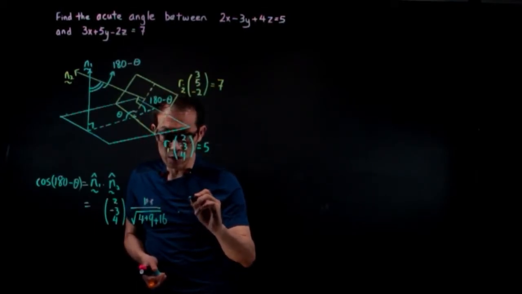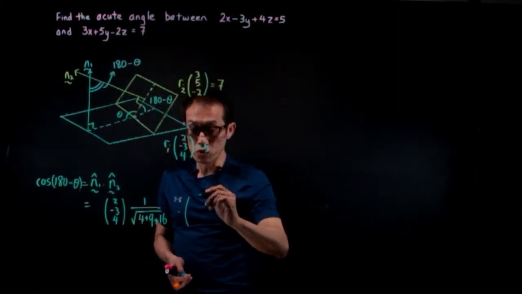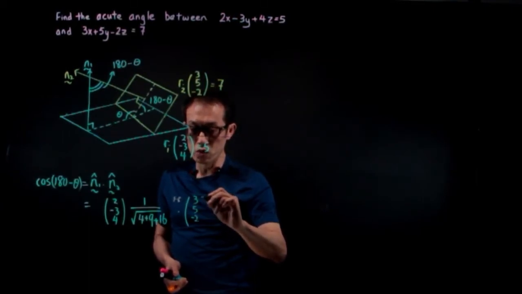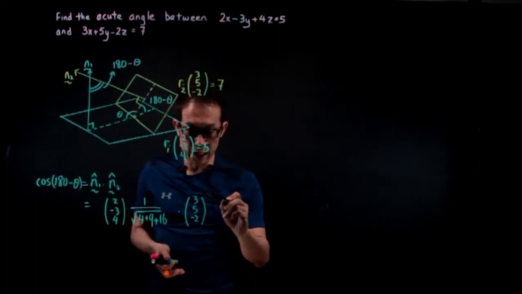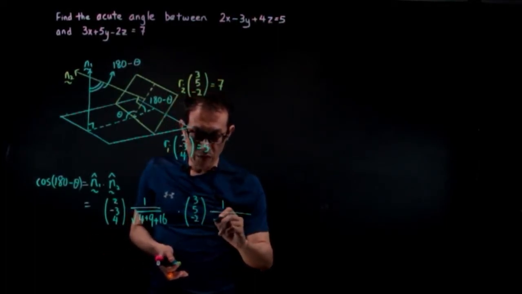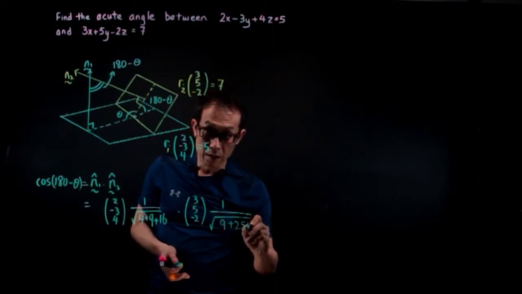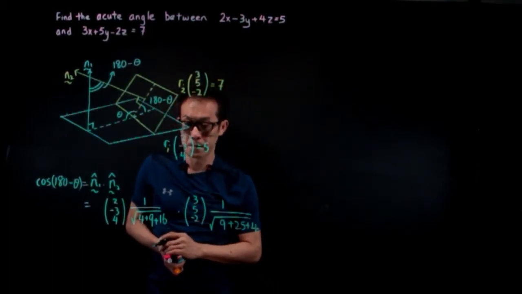Then dot the unit vector n2. This is 3, 5, minus 2, and to make it a unit vector I divide by its magnitude again: 1 over the square root of 9 plus 25 plus 4.